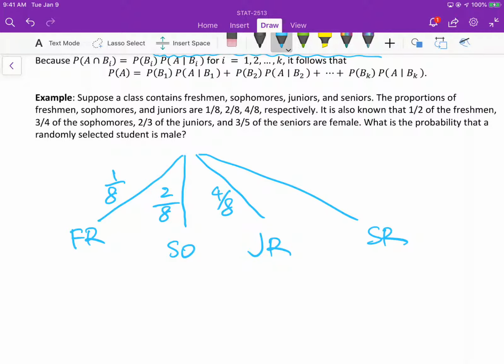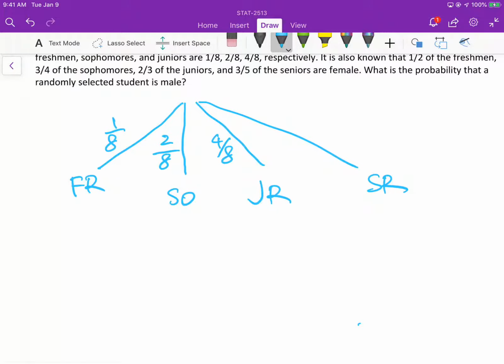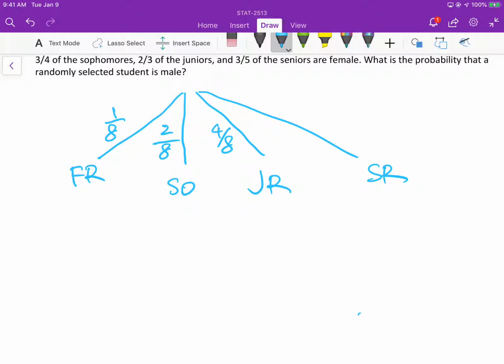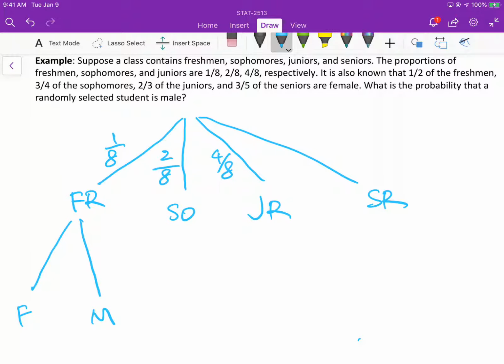Then it is known that half of freshmen, 3/4 of sophomores, 2/3 of juniors, and 3/5 of seniors are female. So for freshmen, can be female, can be male, and according to the problem, half of them will be female.